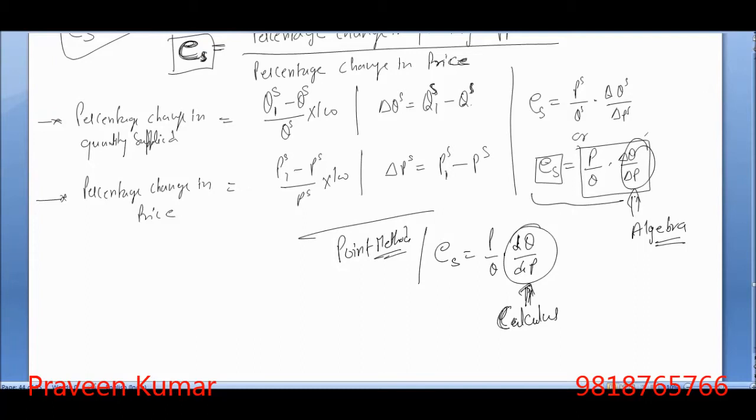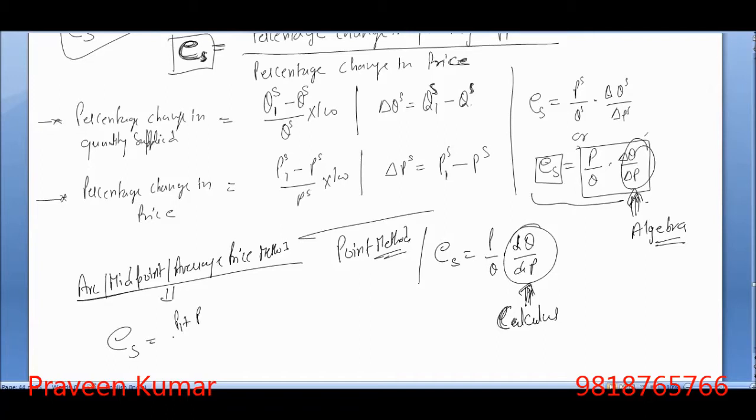So this is how the point method works, and we can have the arc method or midpoint method, or you can say average price method. All these are the same thing, and in this case also we can have the same formula, (P1 plus P2) upon (Q1 plus Q2) in multiplication with delta Q upon delta P. That is what it means.